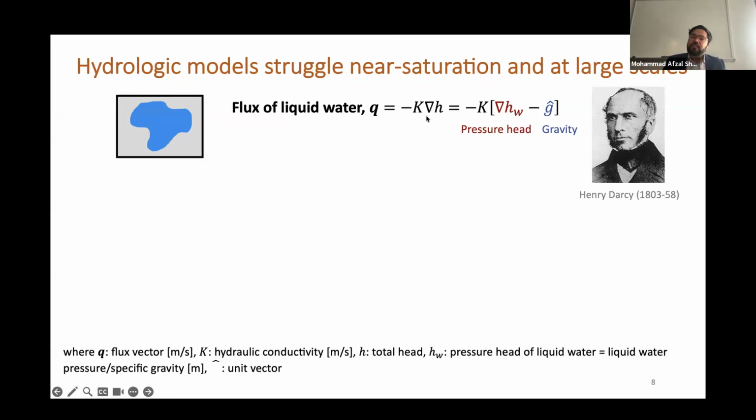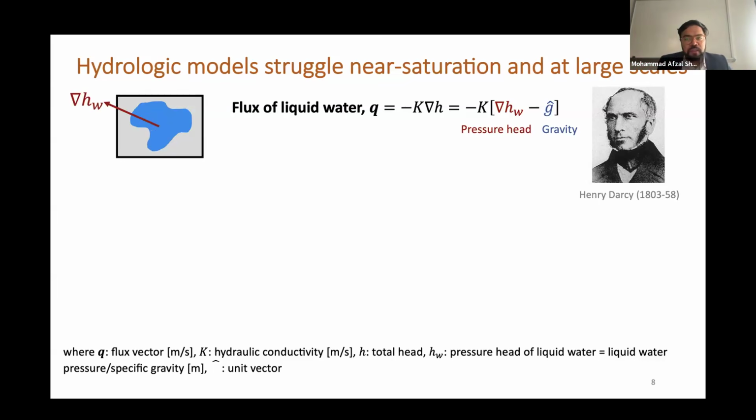The gradient of this total head is divided into two parts. The first is the gradient of pressure differences, or pressure head. So at two points in space inside firn, there could be two different water pressures, and that can drive fluid flow. But the other is regular gravity drainage. So the flow would like to move in the direction of gravity. If you take a handful of firn, you would see that there is liquid water in it, and this gradient of pressure head could be in any direction.